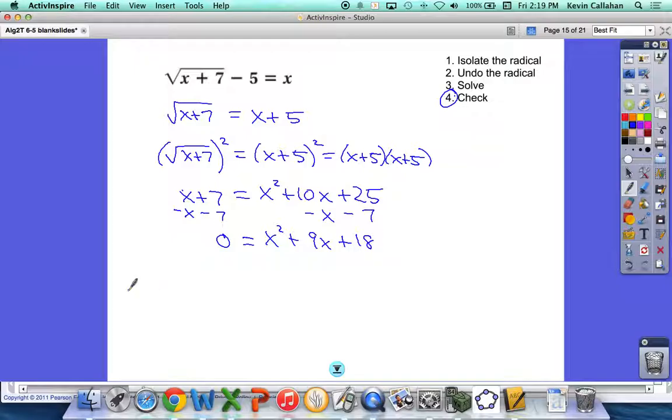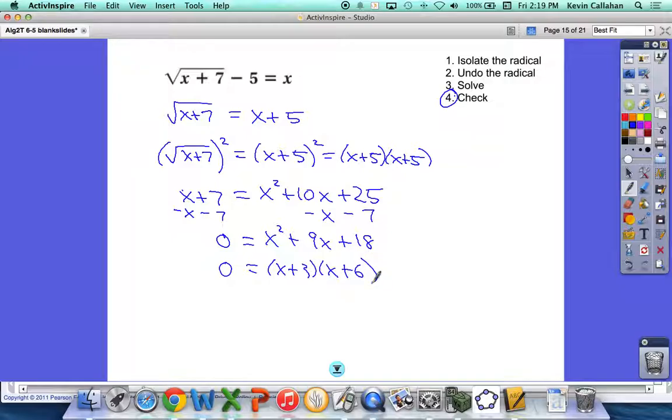So you don't know until you get to that point how you could solve. Most of these are going to be factorable. Is this factorable? What are the factors of 18 that add up to 9? 6 and 3. So we've got 0 equals x plus 3 times x plus 6.